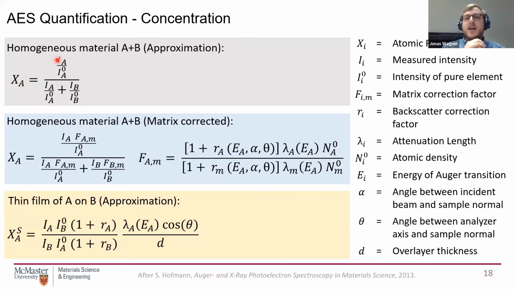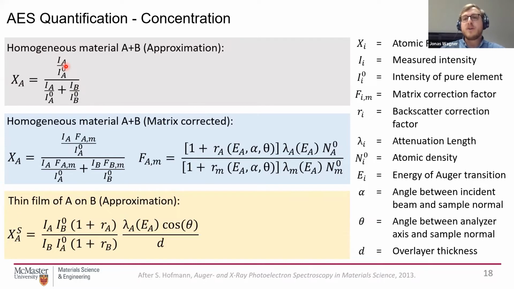Intensity can be defined as the area under the curve of the absolute spectrum, but usually it would be measured as the peak-to-peak height in the differential spectrum. It is just the intensity of the element we're interested in versus the sum of the intensities of the rest of the elements, and each of those intensities is normalized by the intensity of the pure element. If you have a standard, you can measure it yourself.